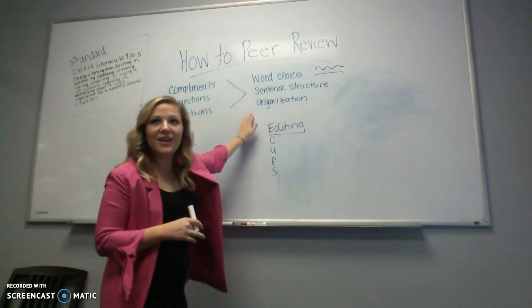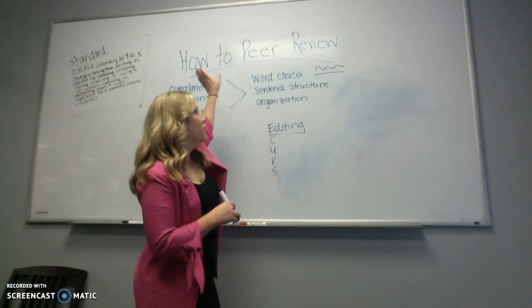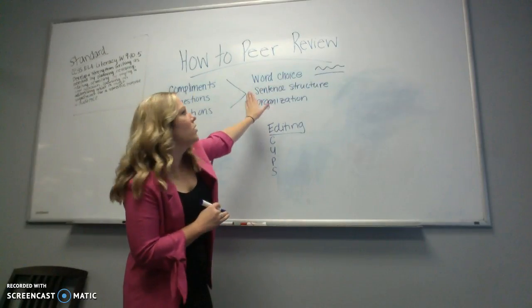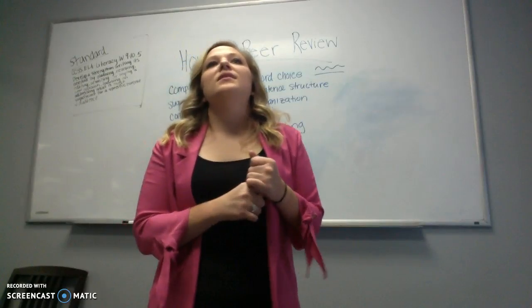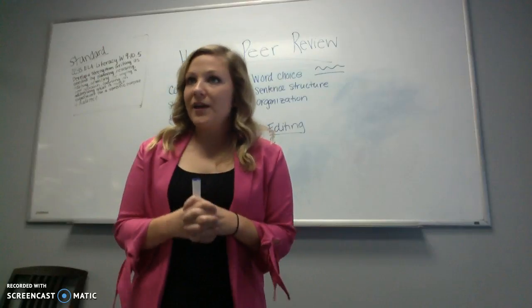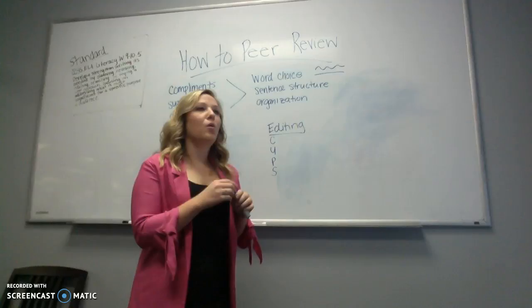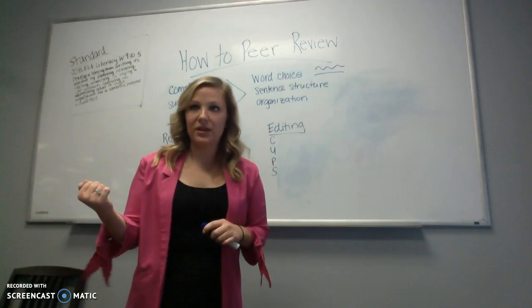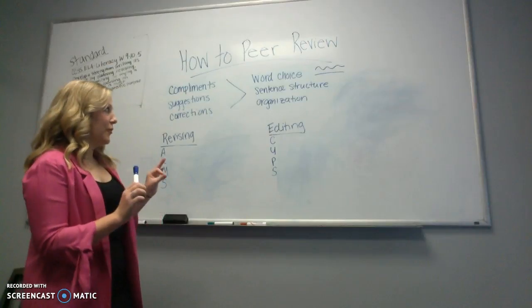Okay, which leads us to the next 3 words. While we're thinking about these, they're going to inadvertently make us work on these. So word choice. That is, did I use the right word to describe the right thing? Or did I use a word that is at my vocabulary level? Things like that, okay? Word choice, very important.